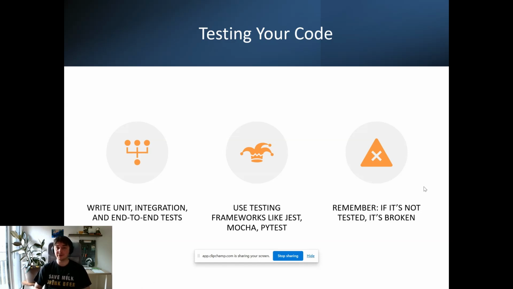And then about tests, as I said before, your code should be tested, and it should be tested on many, many layers. So usually you have at least the unit tests, but even better if you have the integration tests and end-to-end tests. And I might present a separate video on different types of testing and what the goals of those tests are.